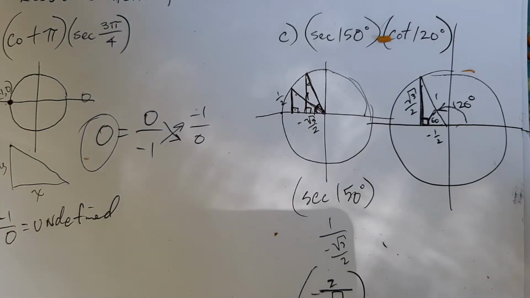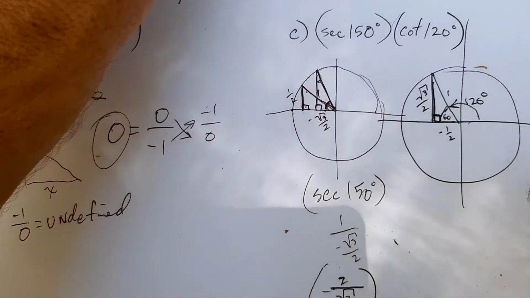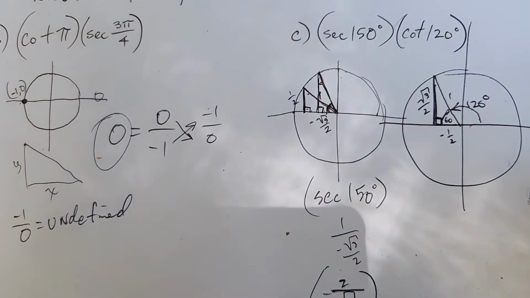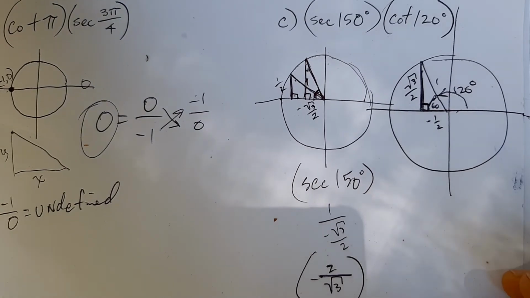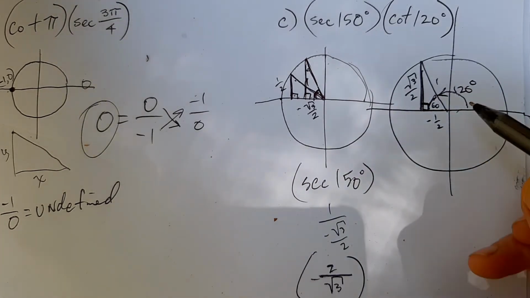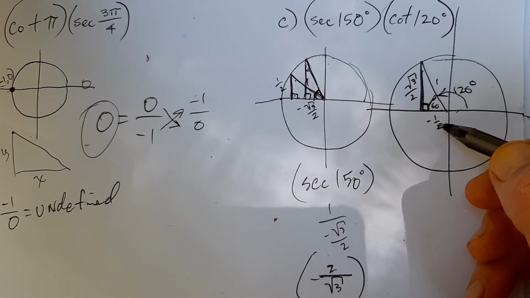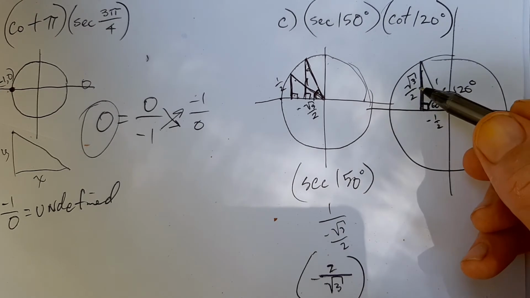Okay, so this I think is the key. If you can do this every time, you got your chart memorized and stuff, no problem, but this way you understand what you're doing and you can unravel something if you get stuck. Okay, so cotangent is adjacent over opposite, right?